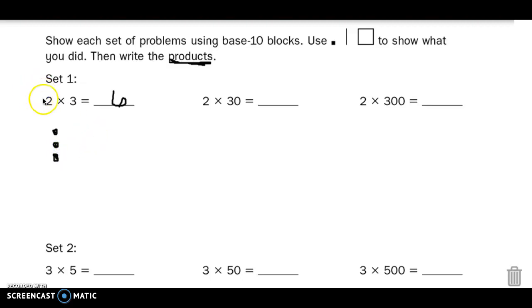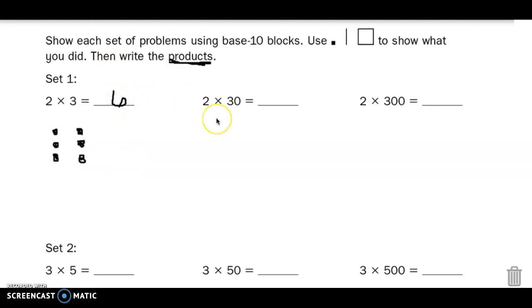So 3, but you know what? I need 2 of them. So I'm going to make these super nice and neat because when we have our work organized, we can see it better and understand it better. So let's see, 1, 2, 3, 4, 5, 6, because these are each worth 1. We definitely have 6 as our product.